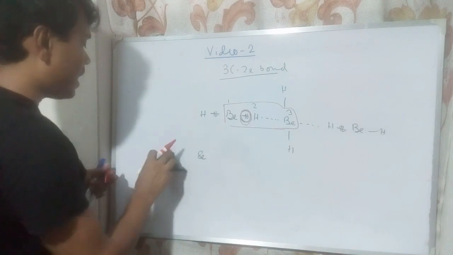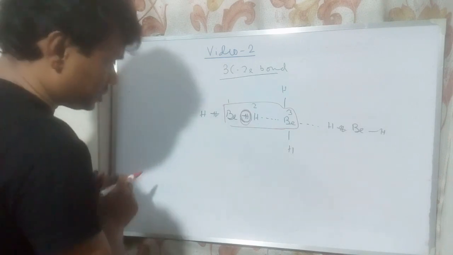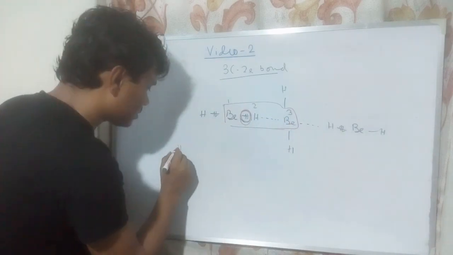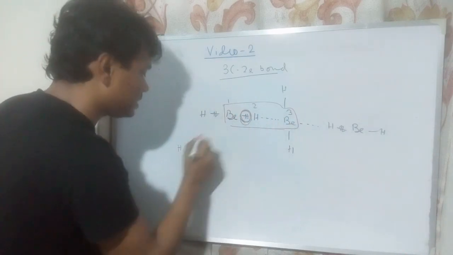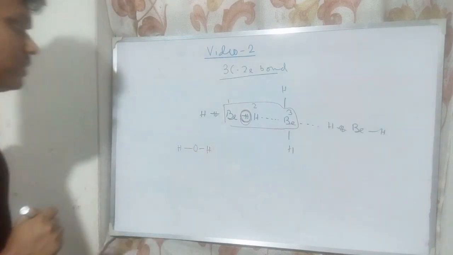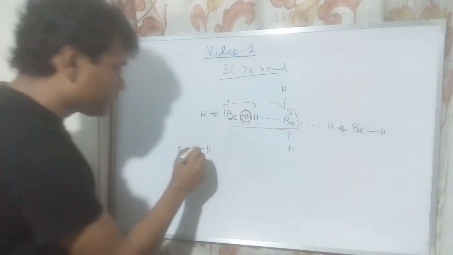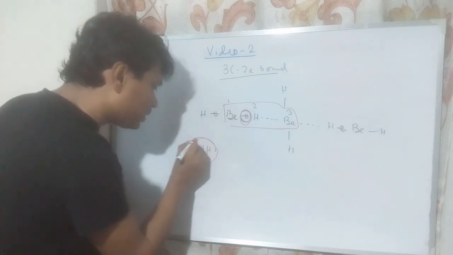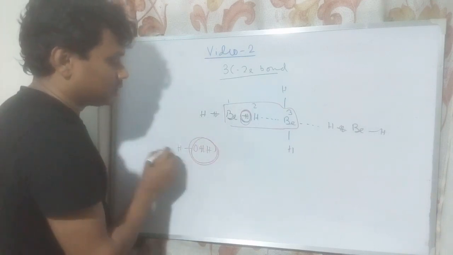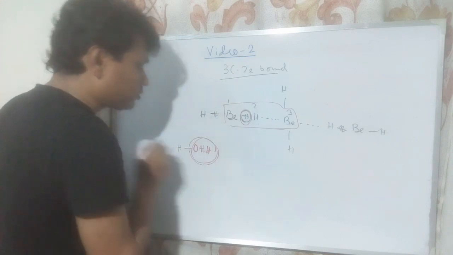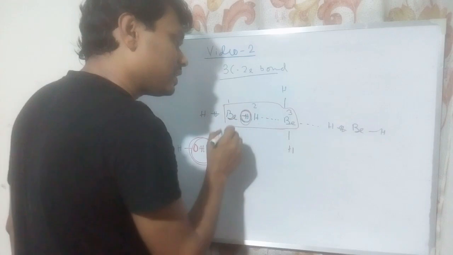But if you ask me one question, that is, if we consider the stability of this bond, this beryllium hydrogen or this beryllium hydrogen with the bond of this water molecule, is it that much stable? The answer is no, because this pair is shared only over these 2 atoms. So each atom is getting its own required amount of electrons, but here they are not getting.